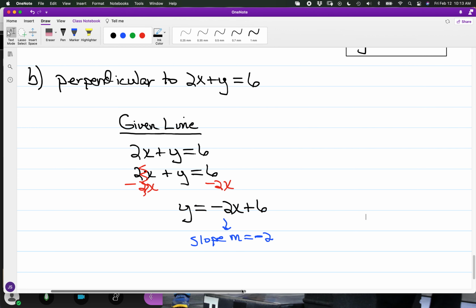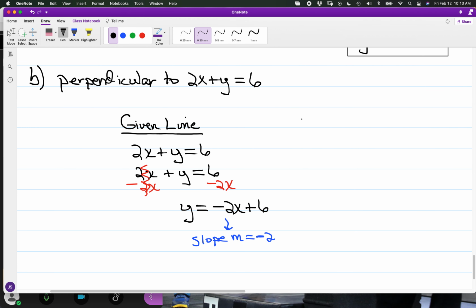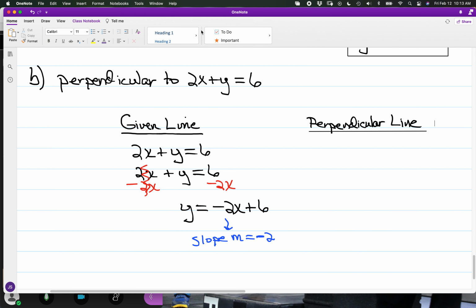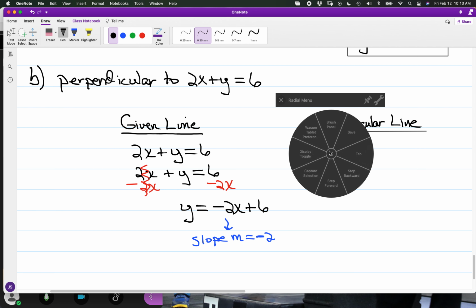Now for the perpendicular line, okay, now remember, okay, now perpendicular lines will have slopes that are opposite sign reciprocals.